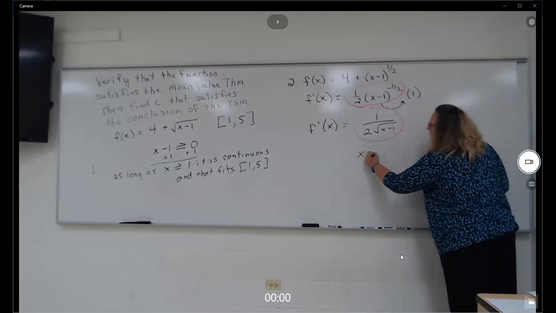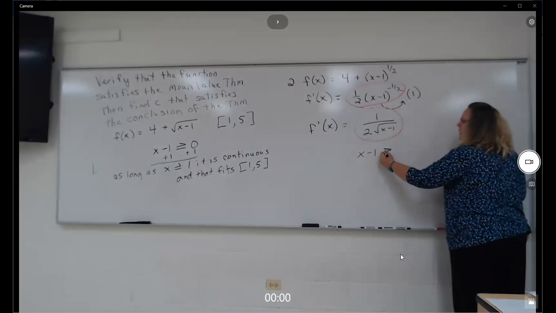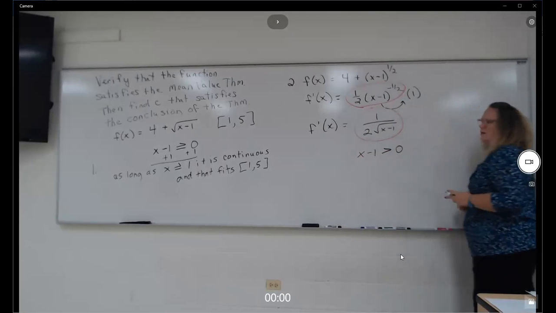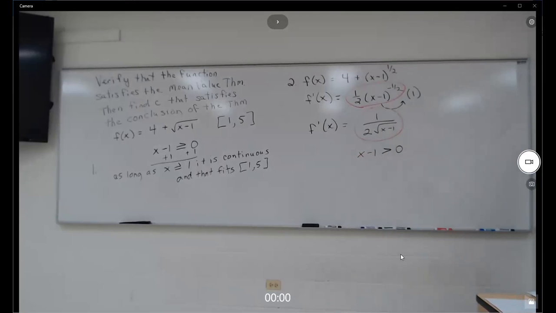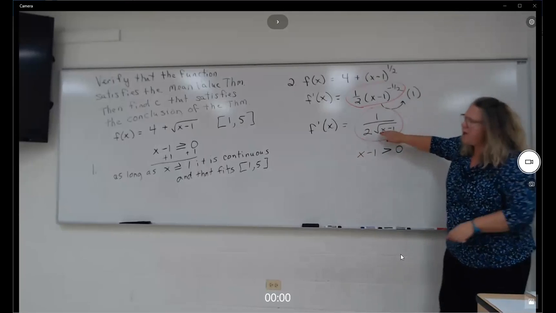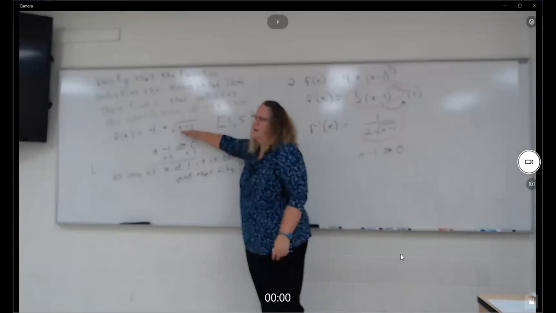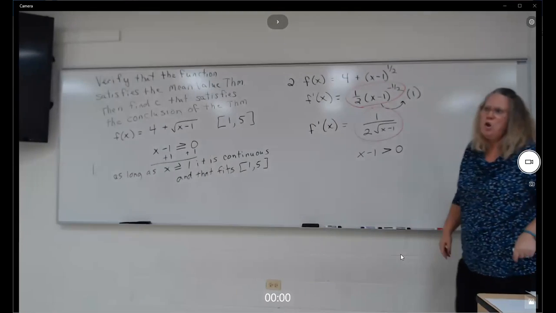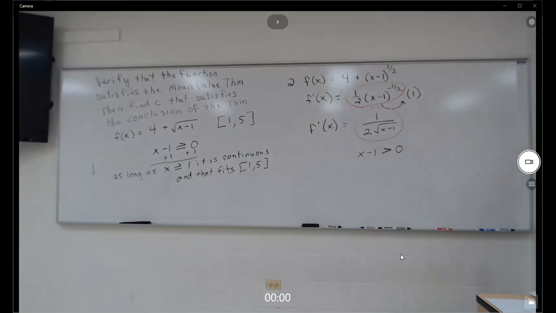So this time, x minus 1 has to strictly be greater than 0. It cannot equal 0. Because now, because of the derivative, we created a fraction. Here we had no fraction, so 0 was fine. So we kind of have two things going on here. We got to think about the fraction, the bottom being 0, and we got to think of the square root being positive.